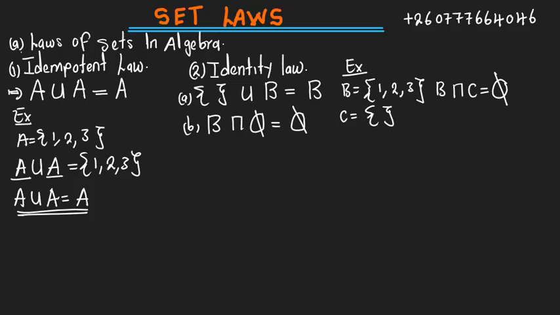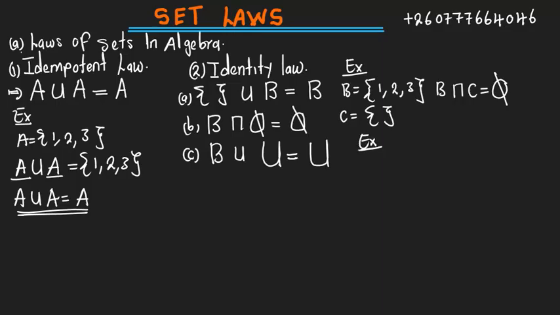Another thing that you must understand: the union of a set with the universal set gives you the universal set. So if B is a set and you find the union of set B with the universal set, then what you're going to find is the universal set. Why?